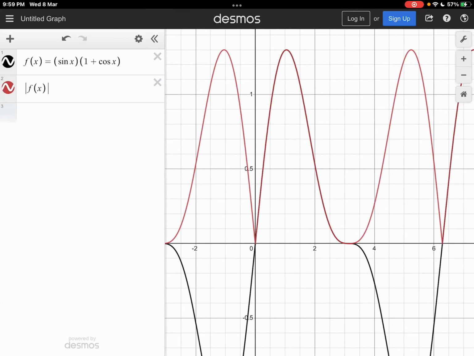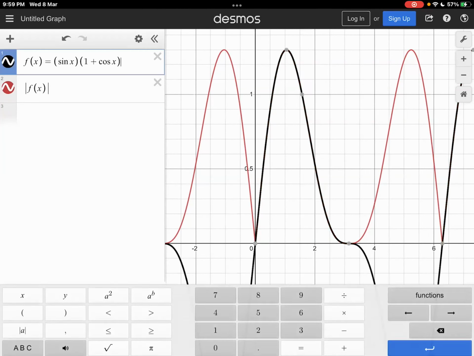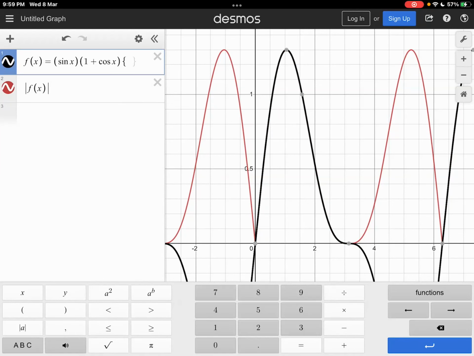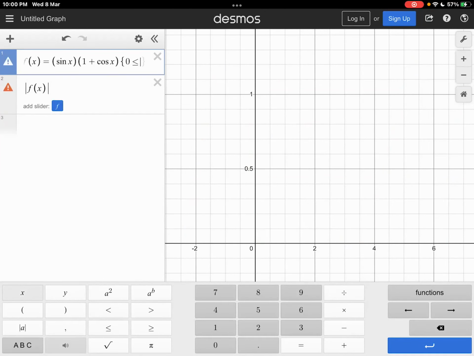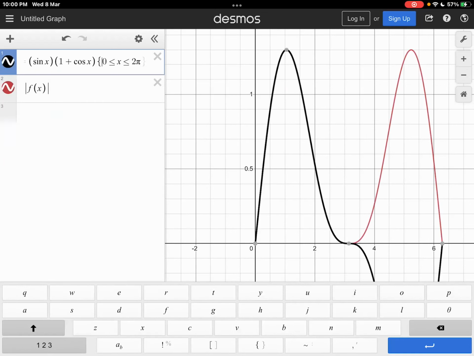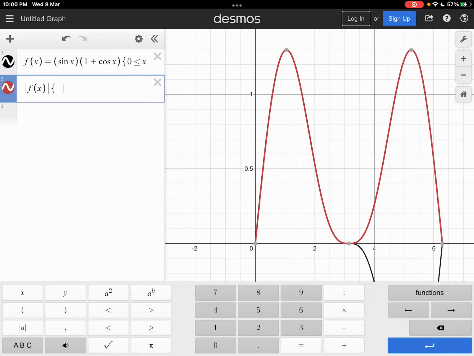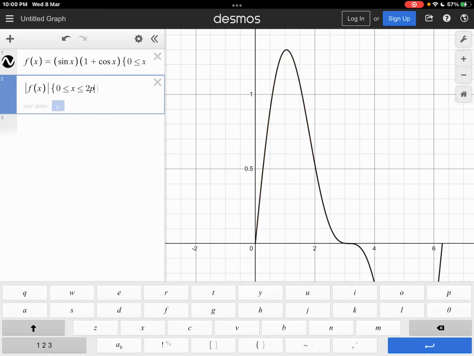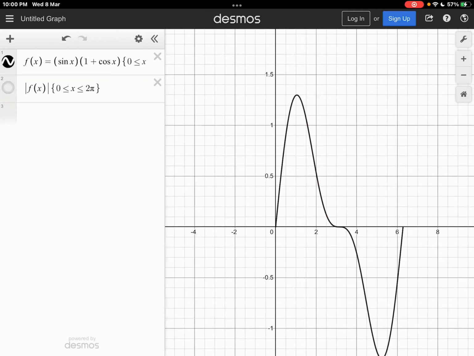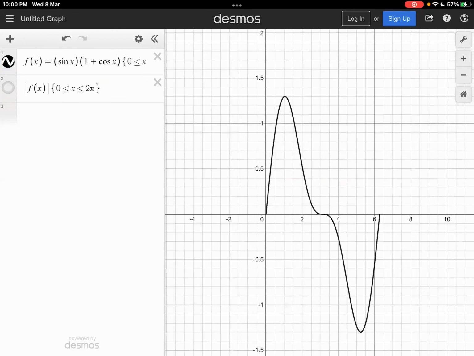Yeah, the M shape. If you want, you can also use curly braces: 0 less than or equal to x less than or equal to 2 pi. Same thing for the modulus. I'll just retype the whole thing. So before was black, after is red, M shape.